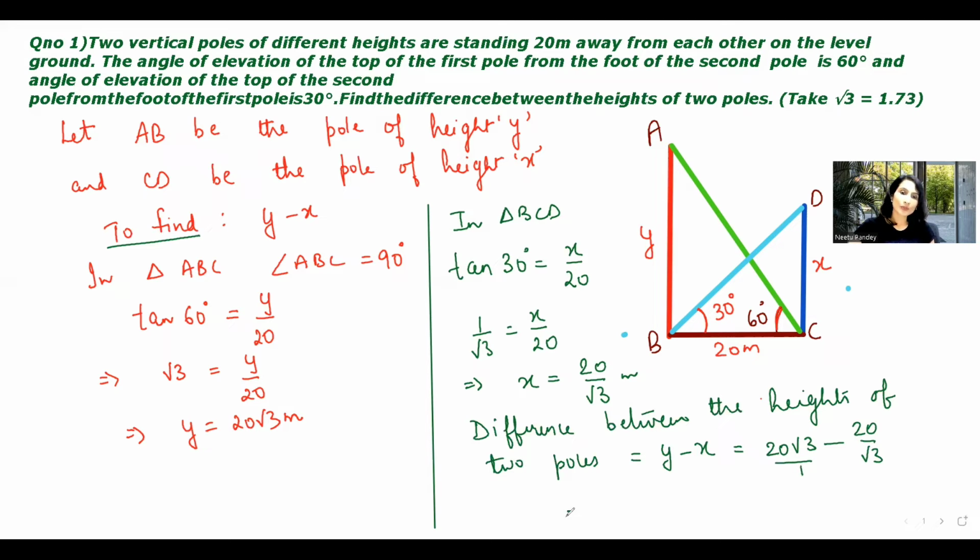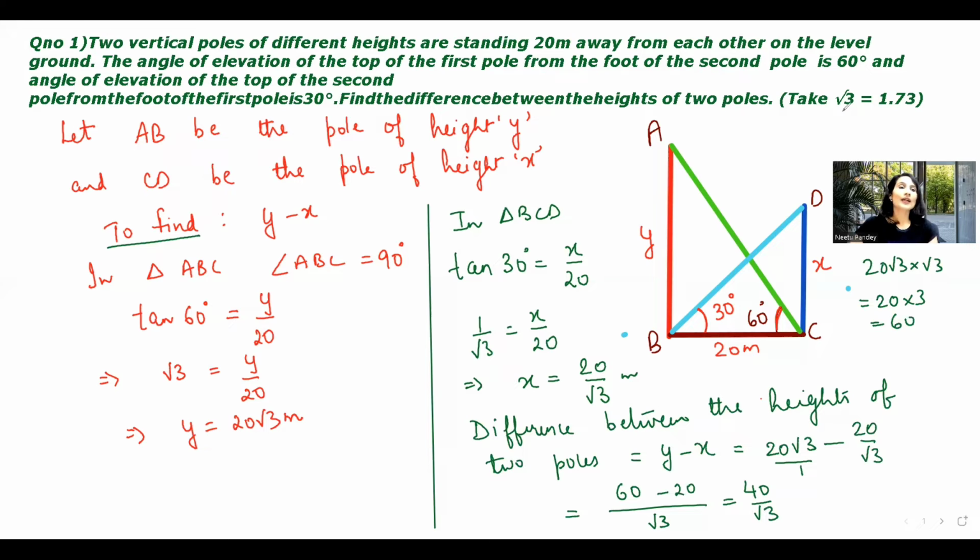You can take √3 as LCM. 20√3 into √3, see here, √3 into √3 is 3. So it is 20 into 3, that is 60. So you can write 60 minus 20, that is 40 by √3.